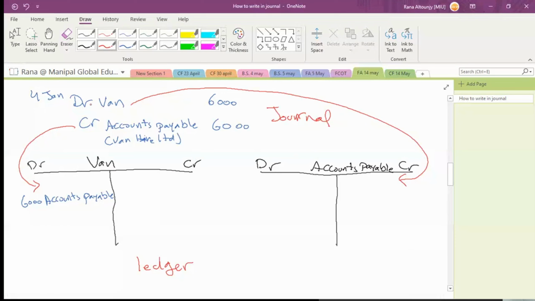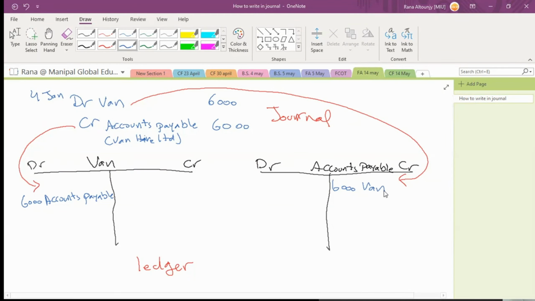The other side of the transaction. So we put here 3,000. Sorry, it's 6,000. So we put here 6,000, the van.